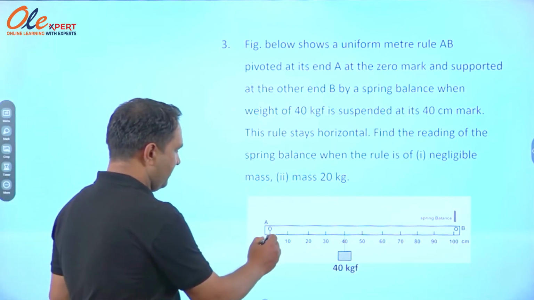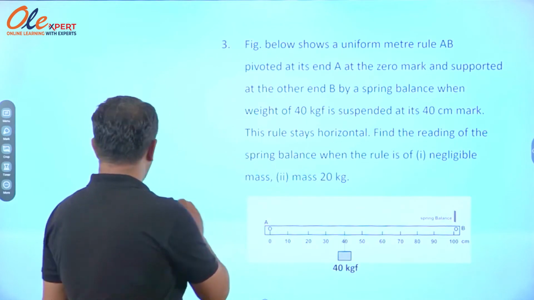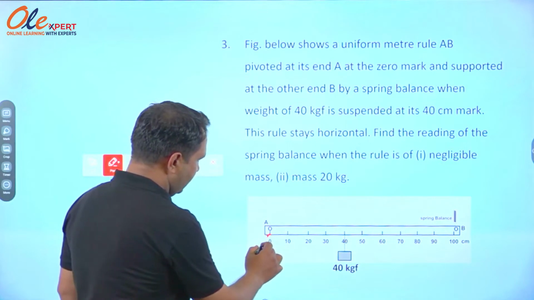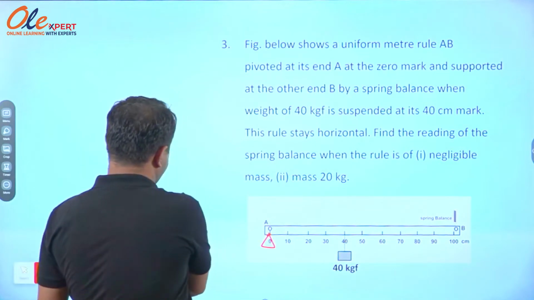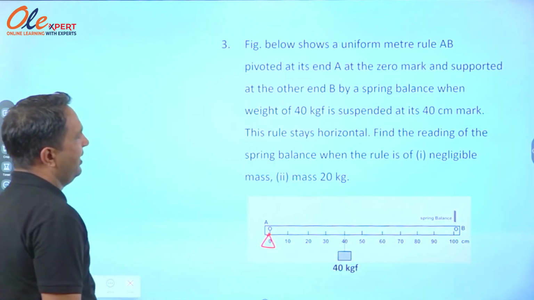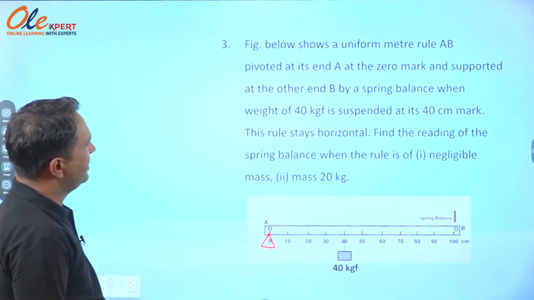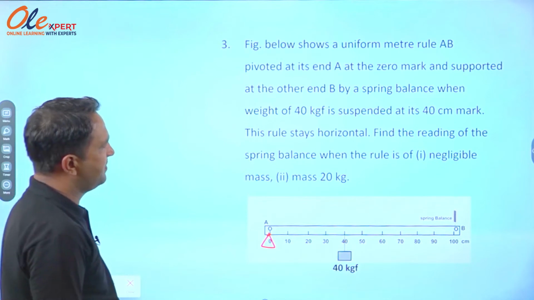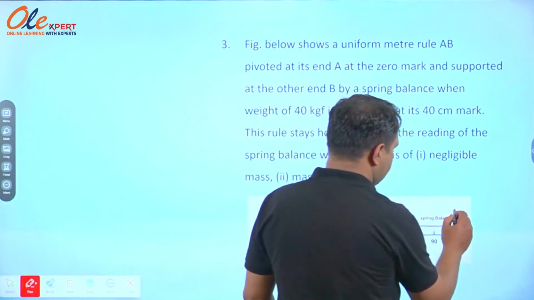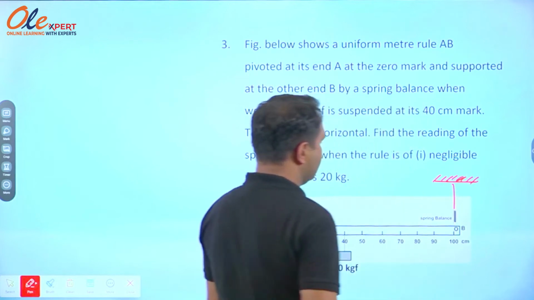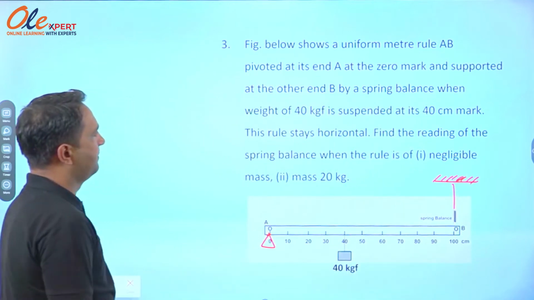Right now it is pivoted at end A, at the 0 mark, and supported at the end B by a spring balance. A spring balance is supporting it.